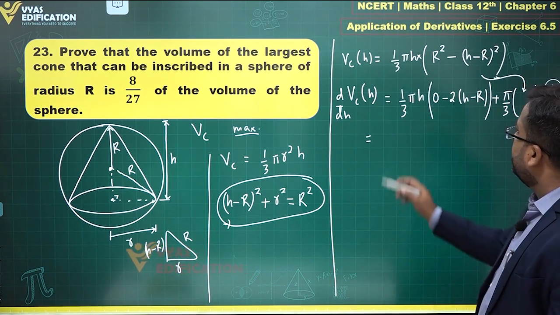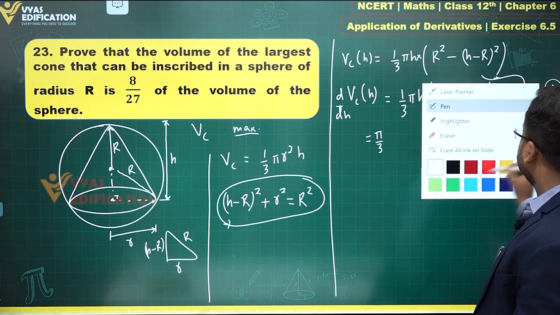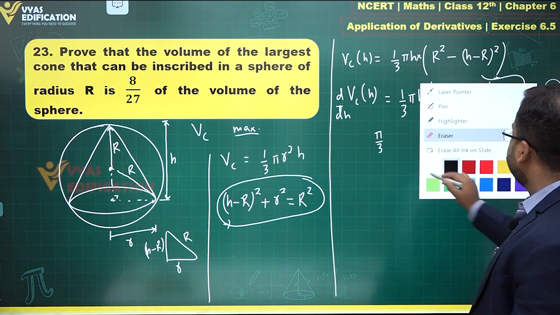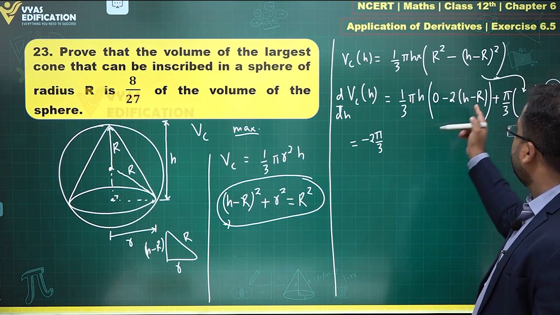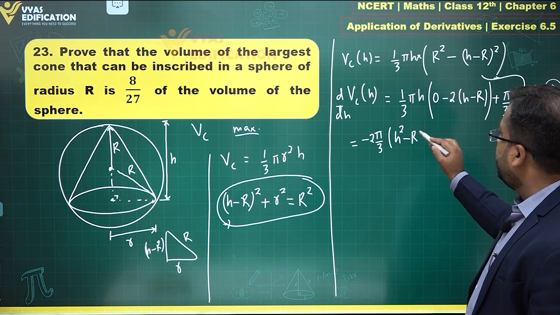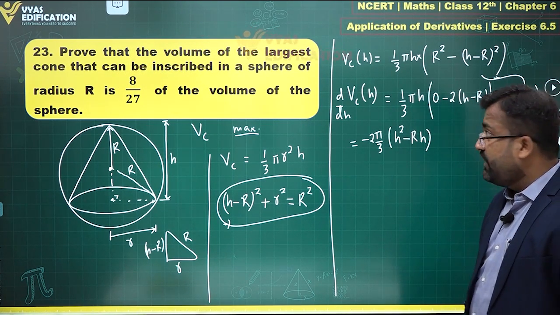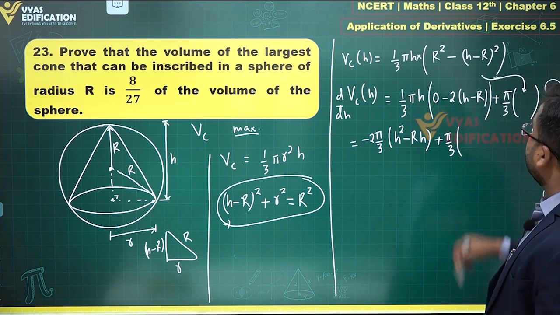Yes. What do we have? This is pi by 3 h with a minus. So let's write this properly. This is minus 2 pi by 3 h times h minus r, which is h square minus r h over here. And plus pi by 3 times this whole thing. What is this?